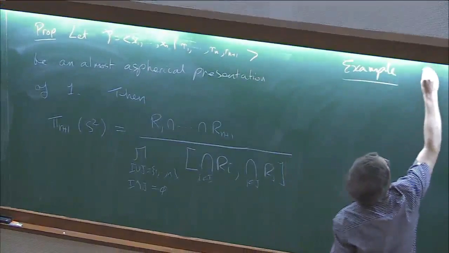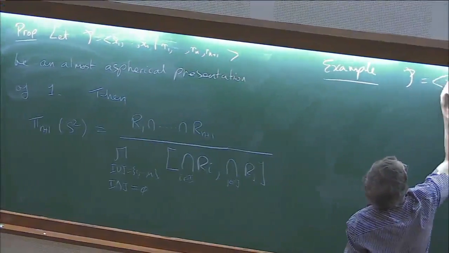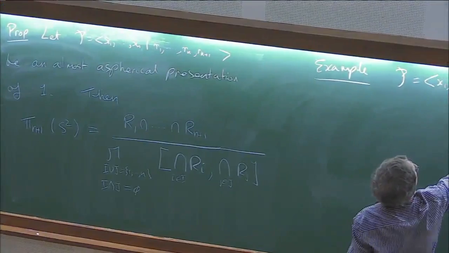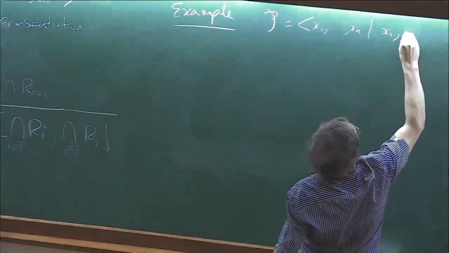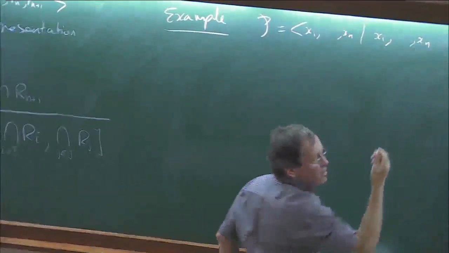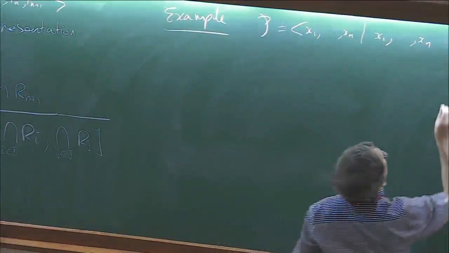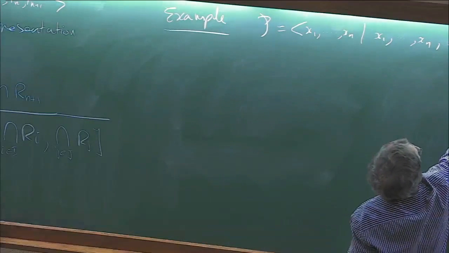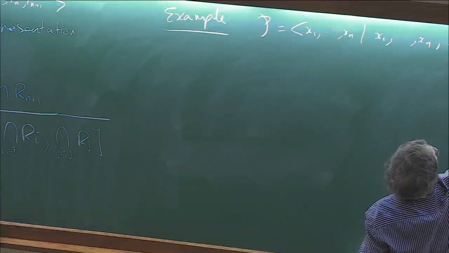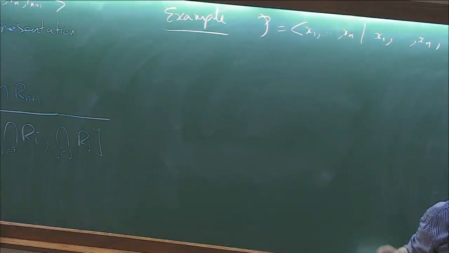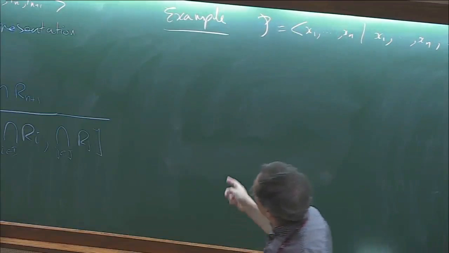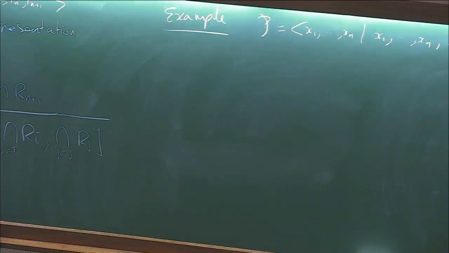Let's consider the following presentation. Take n generators and take the following n plus 1 relators. So every generator is trivial and the product. Then that's an almost spherical presentation of the trivial group, and if you plug that presentation into here, you get G Wu's formula for the n plus first homotopy group of the two-sphere.